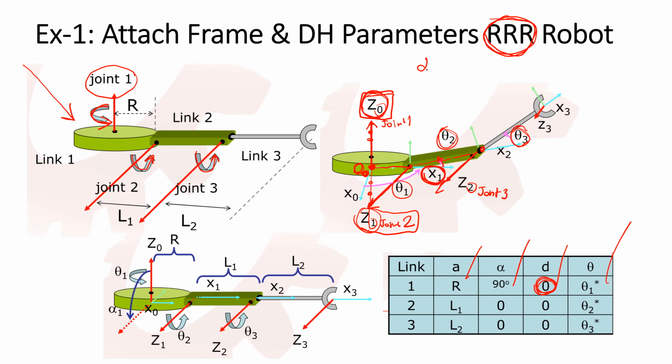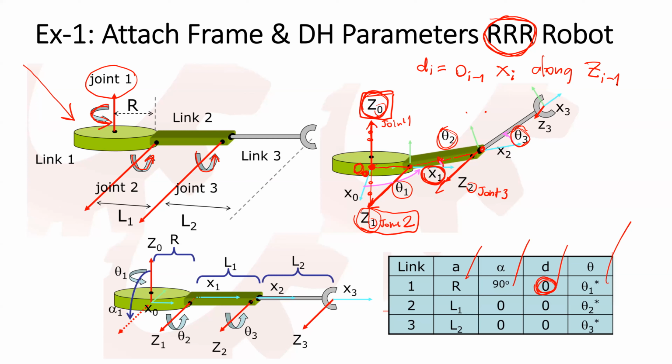The offset is the distance between the origin and the perpendicular along the Z axis.